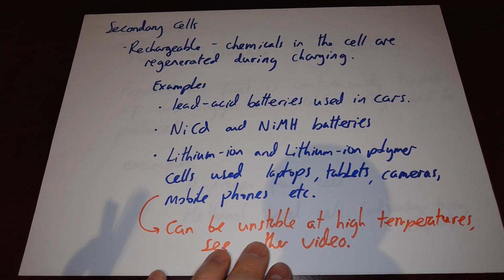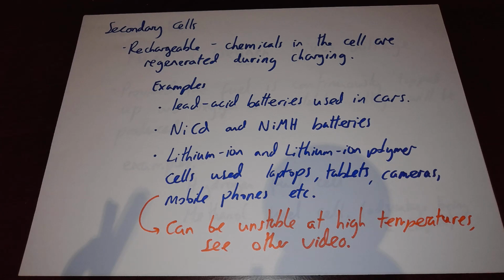The ones that can be reversed are rechargeable batteries, secondary cells. Your battery in your car gets recharged all the time when you're running your engine. These are the type of batteries you can recharge, like for example in a torch that you can recharge.